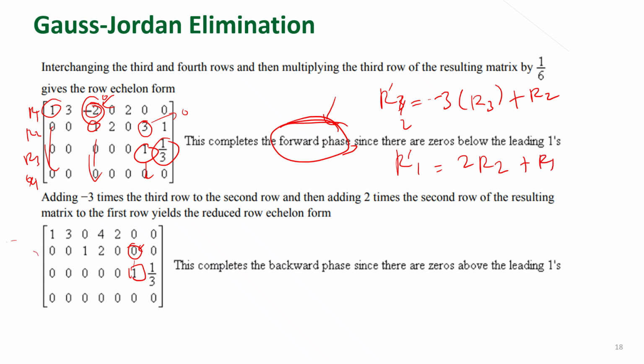So above this one becomes 0. Okay, then we have completed the so-called backward phase, where all entries above the leading one are 0, and below the leading one, from the forward phase, are still 0.